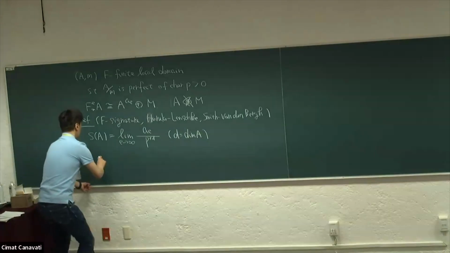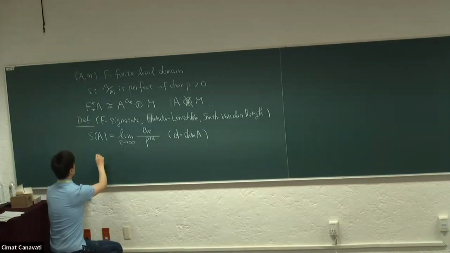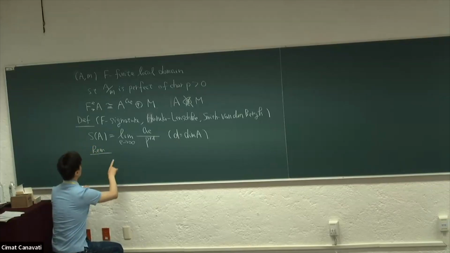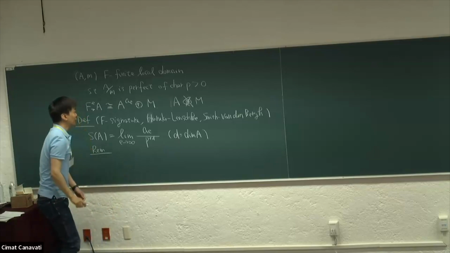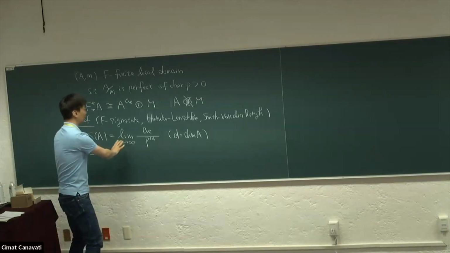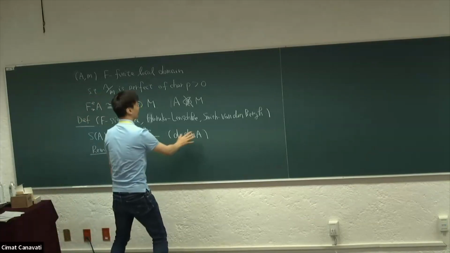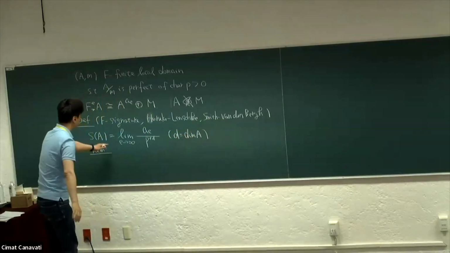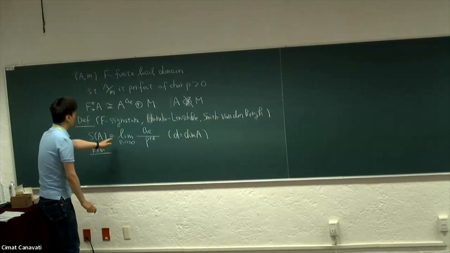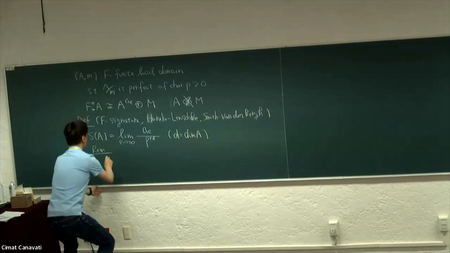I give a few remarks about it. The limit of the F-signature always exists. The existence of the limit was already discussed somehow in this paper, but the existence of the limit was proved by Kevin Tucker in full generality.